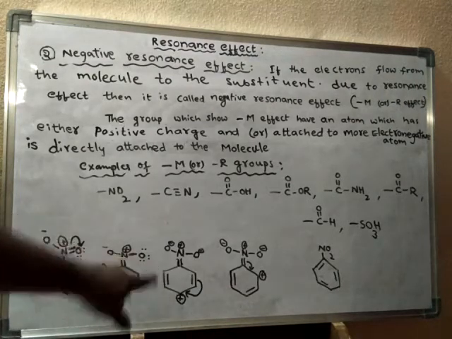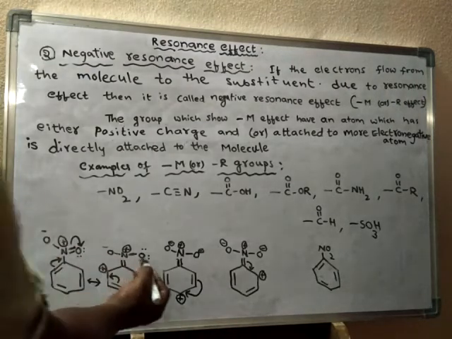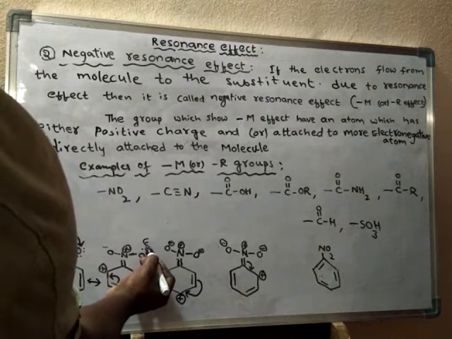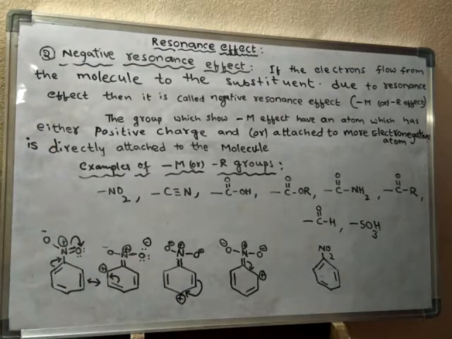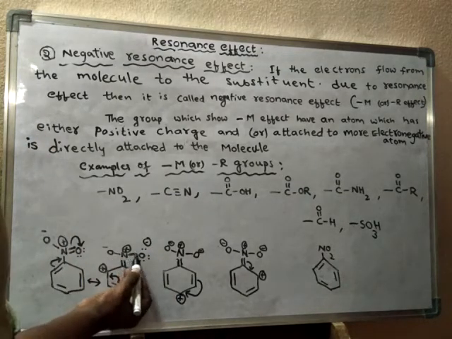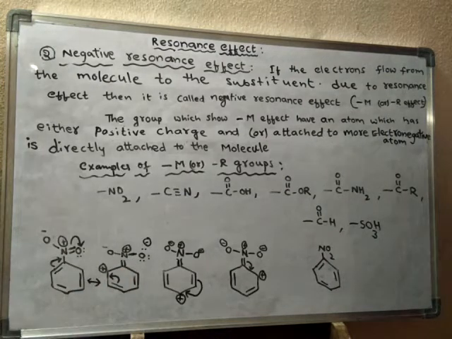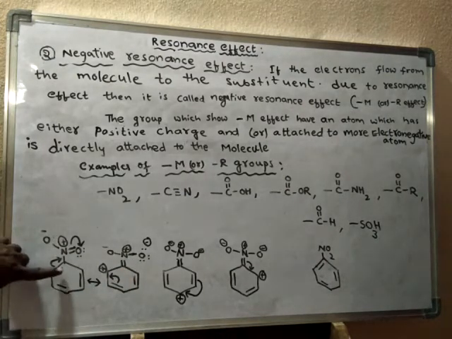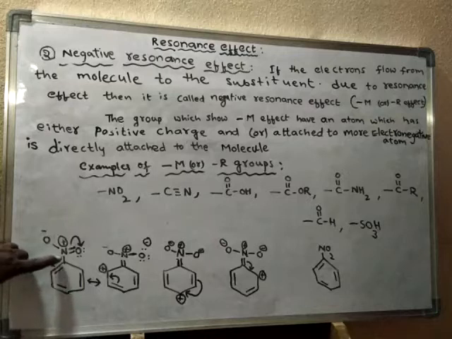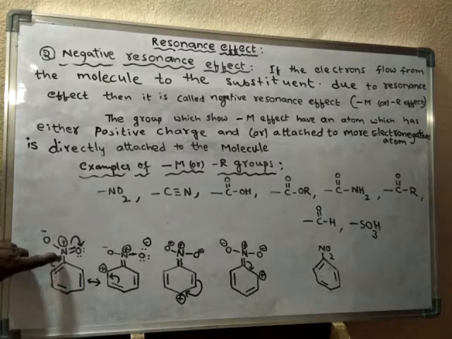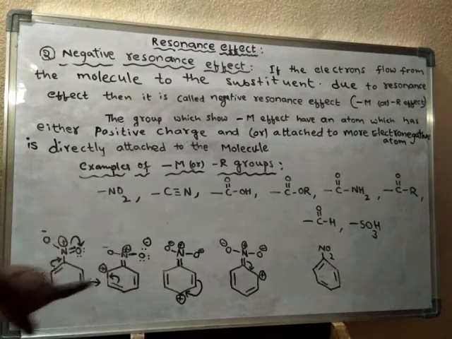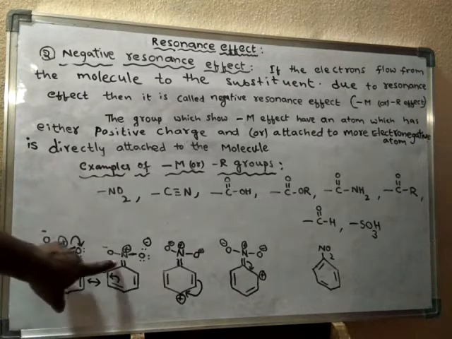Now it is having 3 lone pairs, hence it is having a negative charge on it. Now only a single bond is left over. At the same time, this pi bond will shift between the nitrogen and carbon, and the single bond is converted to a double bond.